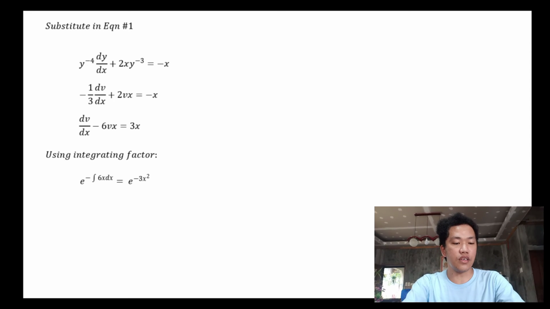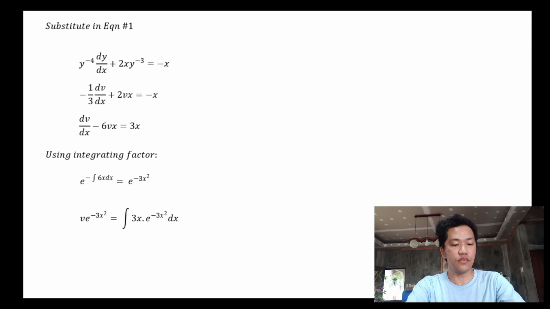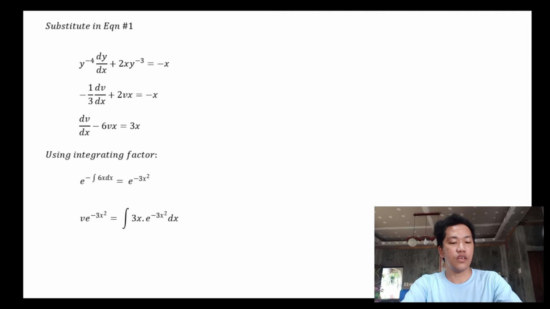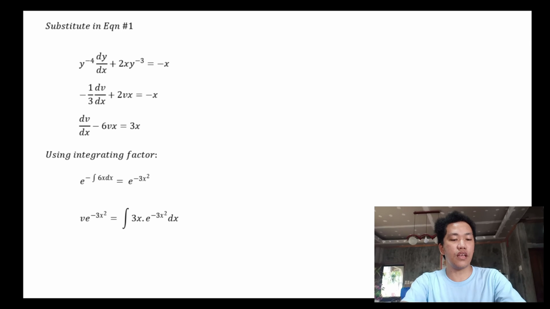So, magkakaroon po tayo ng e raised to negative integral of 6x dx is equals to e raised to negative 3x squared. So magkakaroon po tayo next ng v times e raised to negative 3x squared is equals to integral of 3x multiplied by e raised to negative 3x squared dx.